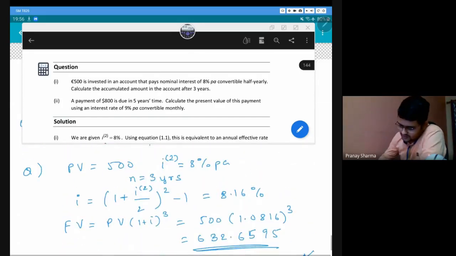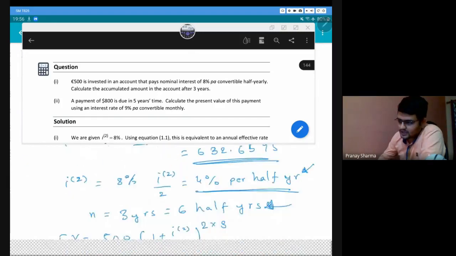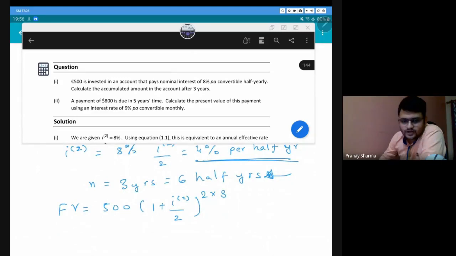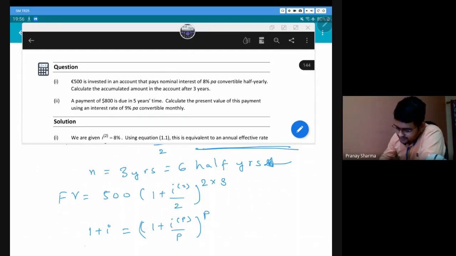And what we have done here is we have replaced our 1 plus I with our 1 plus I2 by 2 raised to 2. I can say 1 plus I can be written as 1 plus IP by P, the whole raised to P. We can replace this with this. And that is how we found our formula to convert our IP into I and I into IP.